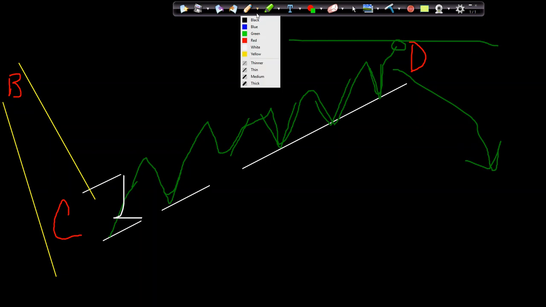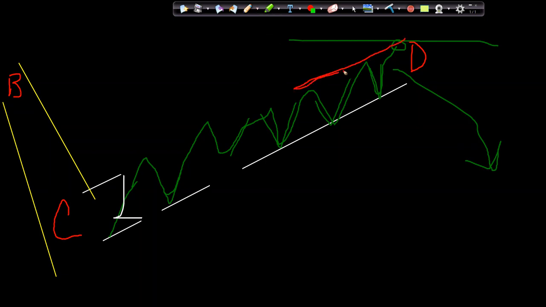I want to measure this point to the previous highs. That's why I draw a line like that. I want to measure these highs.